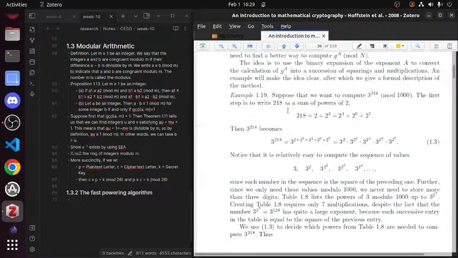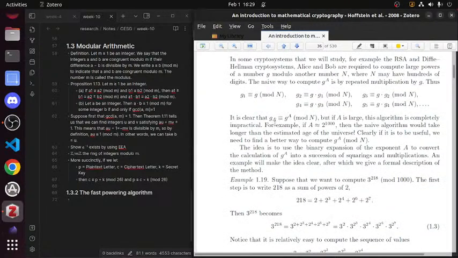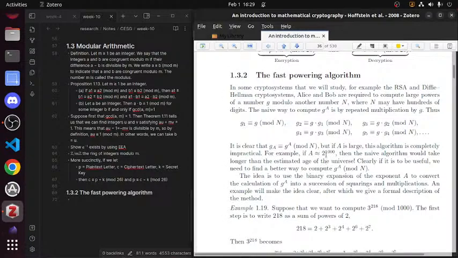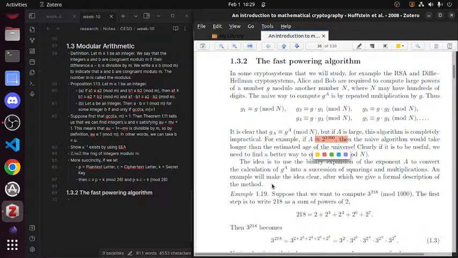The fast powering is the idea that you can do it on numbers much larger, like big ints. And so you're just trying to compute this, right?